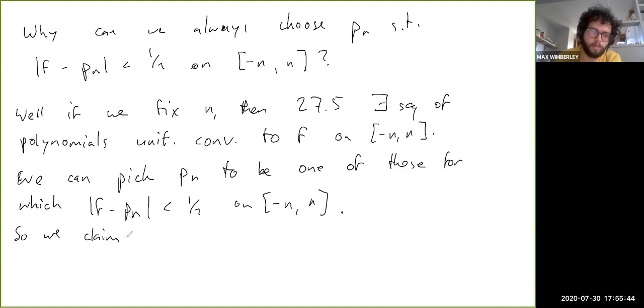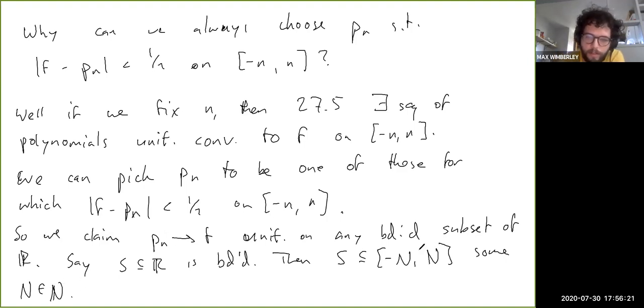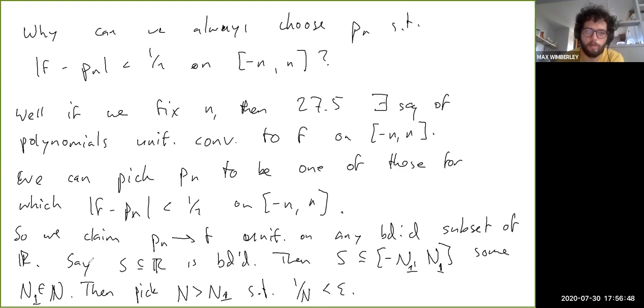We claim Pn converges to f uniformly on any bounded subset of R. Say S is bounded, then S is a subset of [-N1, N1] for some capital N1. Given epsilon greater than 0, pick N greater than N1 such that 1 over N is less than epsilon.